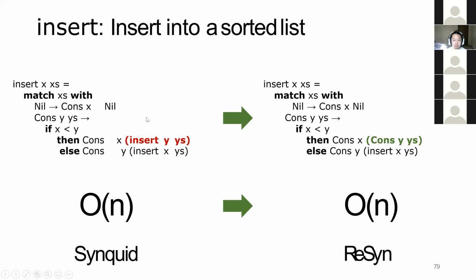Oh, I see. You can see here the insert ys is not required actually, because we know that the list is sorted. So if x is less than y, x must be the smallest element in the new sorted list. So we can just append x at the beginning of the sorted list.